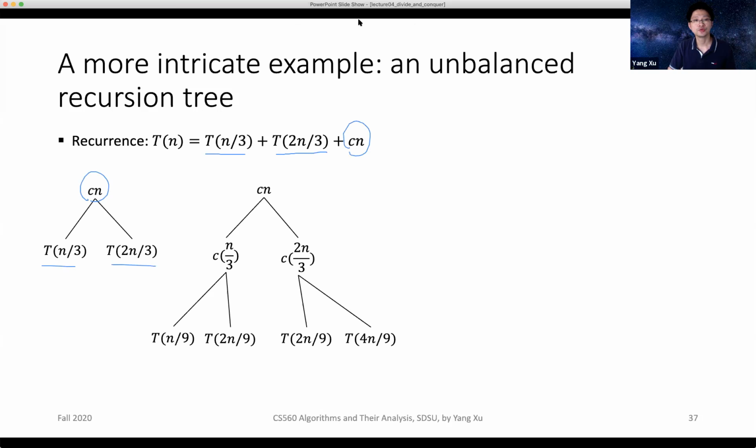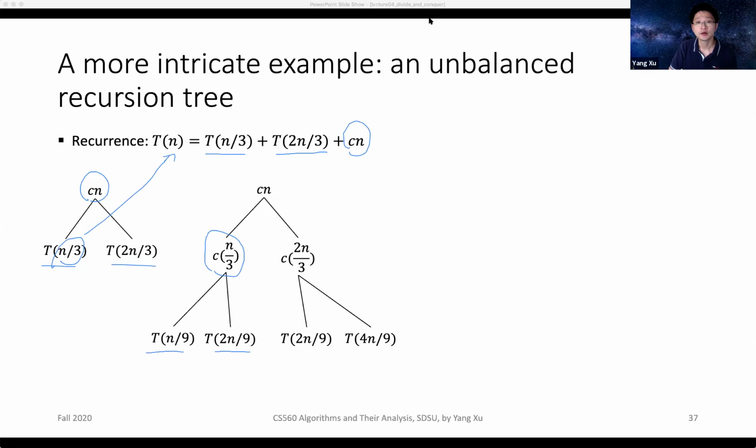To the left branch, we substitute n over 3 into the original recurrence, which results in c times n over 3 as the node here, and n over 9 to the left branch and 2 times n over 9 to the right branch.